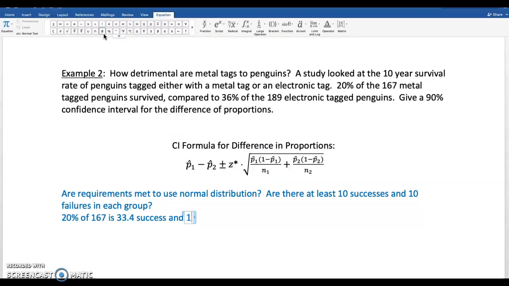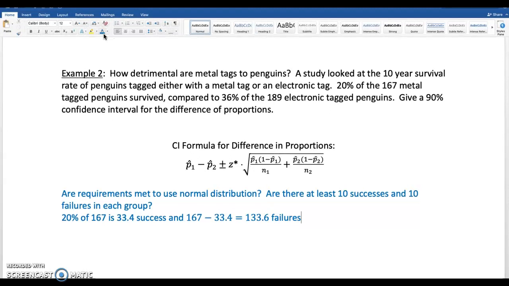And we could then take 167 minus 33.4 to get 133.6 failures. Success in this case is survival. Failure is that the poor penguin died within 10 years. And we'll call this the metal tag group.